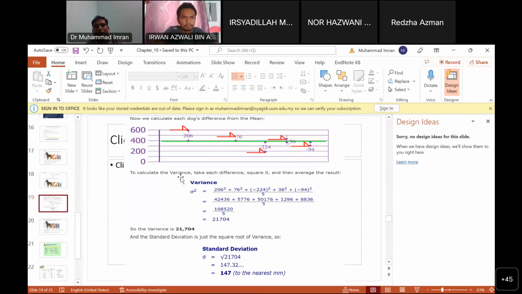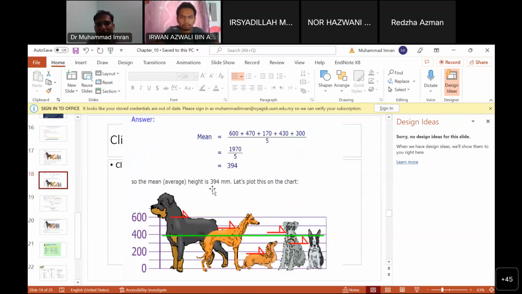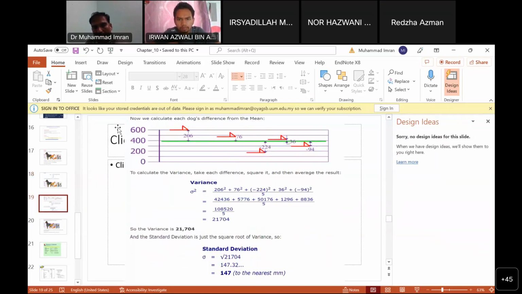Our mean is 394, right? Our mean is 394. So 394 minus 600, how much difference? 394 minus 600, 206.